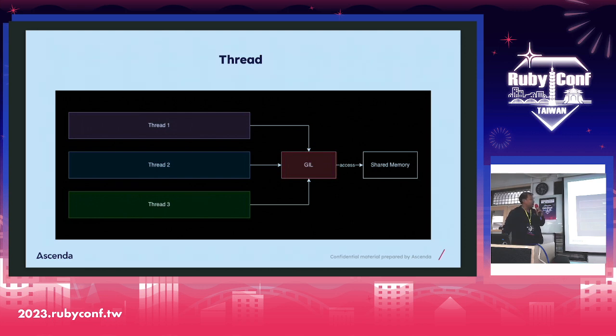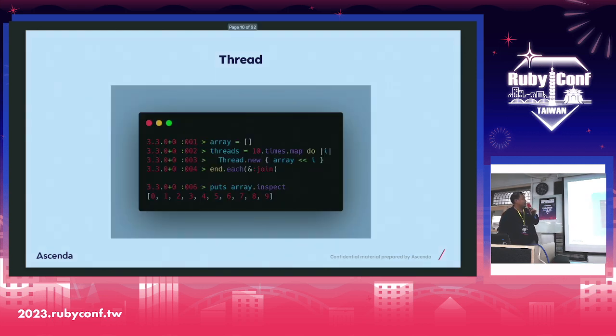What do we mean by consistent data? We can see an example here. We have an array, and we spin up 10 threads to add an element to the array. After the threads finish, I print out the array content.